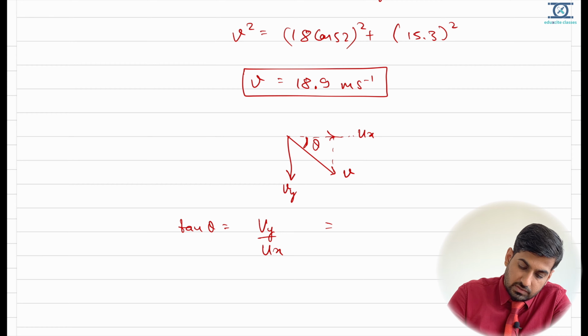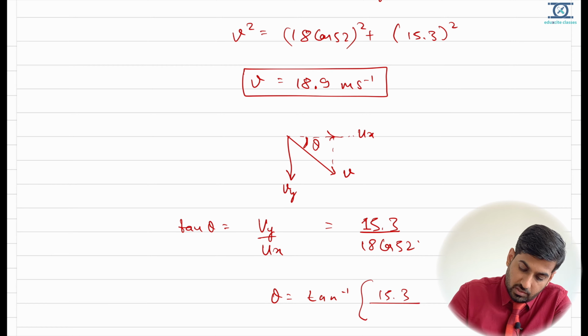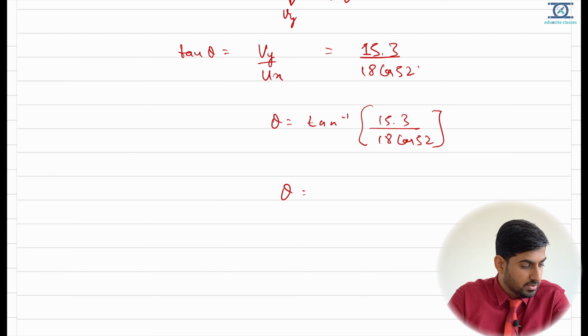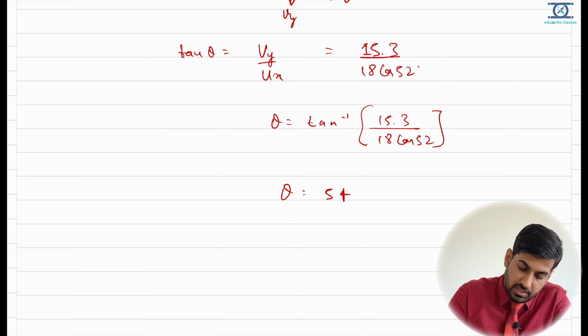So vy is 15.3 over ux 18 cos 52. So theta will be tan inverse of 15.3 upon 18 cos 52. This theta will give you the answer with respect to the horizontal, which is coming as 54 degrees.